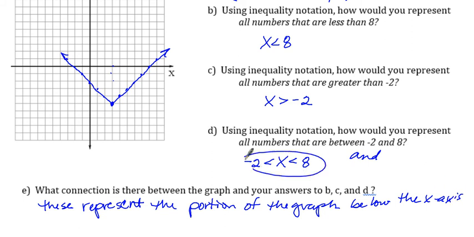So this here represents the values of x, the portion of the graph that is below the x-axis, less than the x-axis. All right? Hopefully that helped bring you into the visual as well as the algebra. We'll continue with more graphics next time. Go ahead and try your independent practice for today.